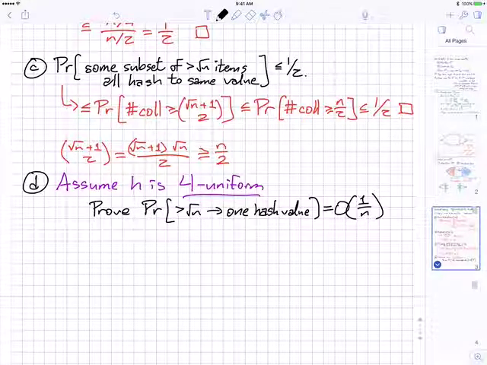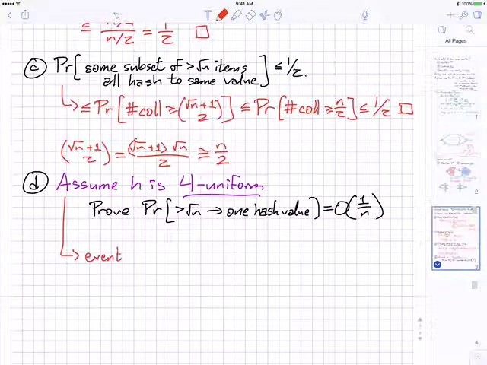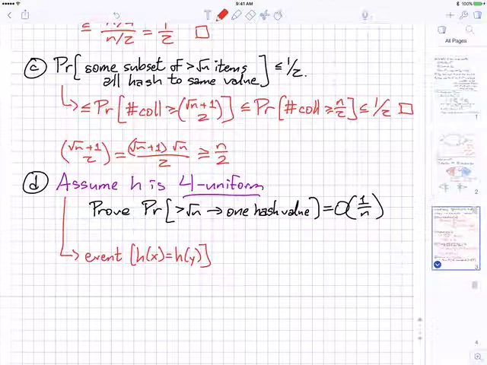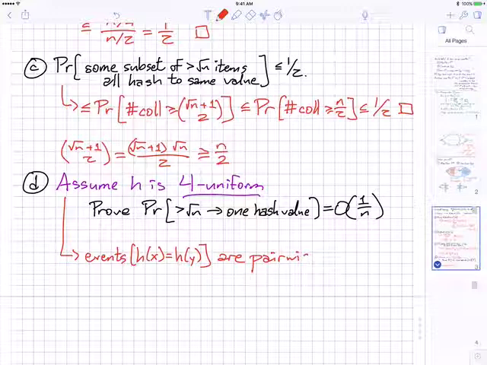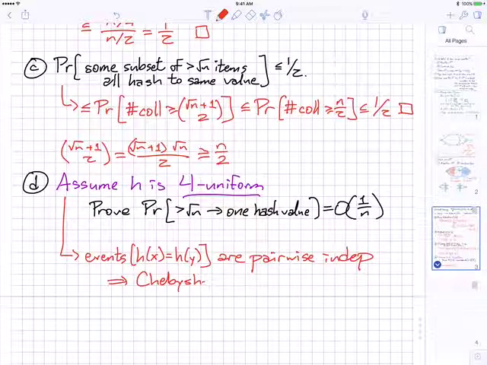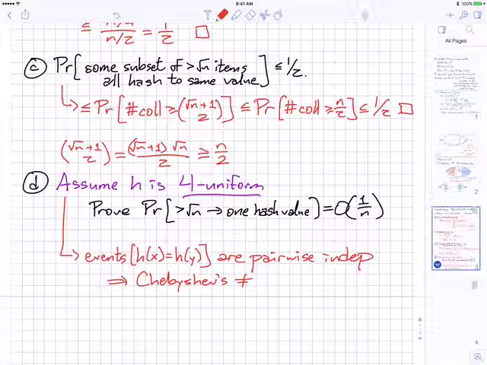So the solution that I had in mind, which is the reason why I need to assume that H is 4-uniform, is that I want these events, h of x equals h of y, to be pairwise independent, which means that I can now use Chebyshev's inequality instead of only using Markov's inequality.